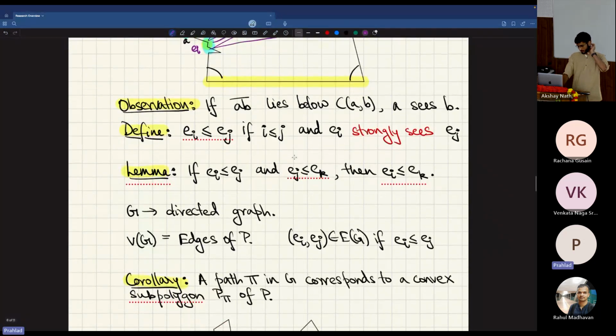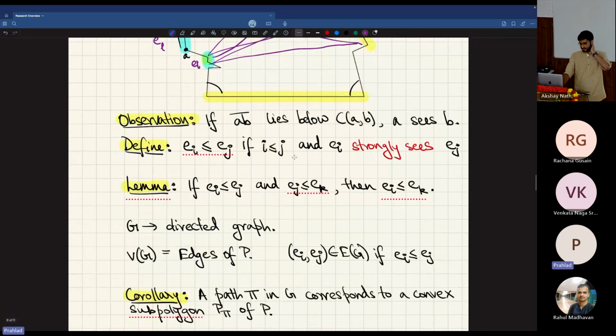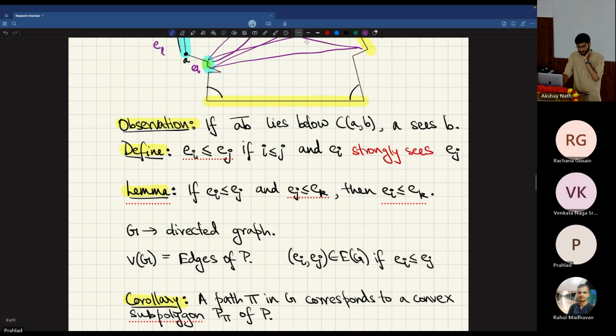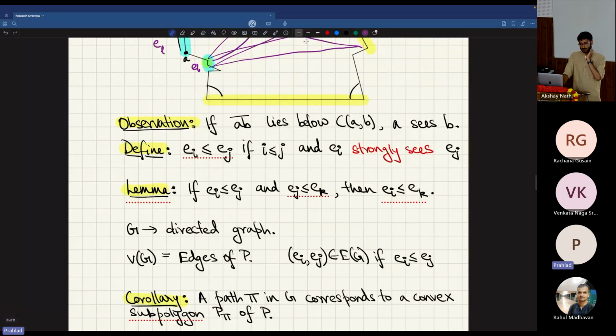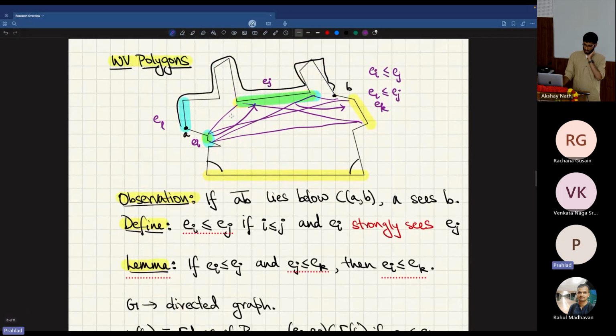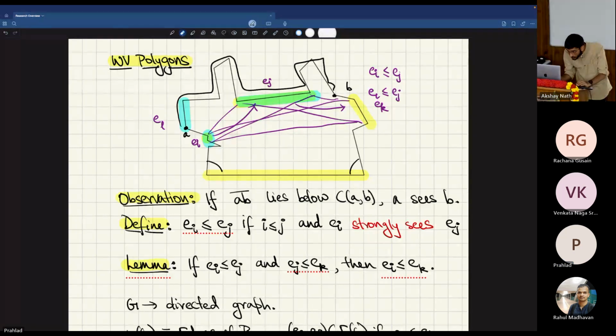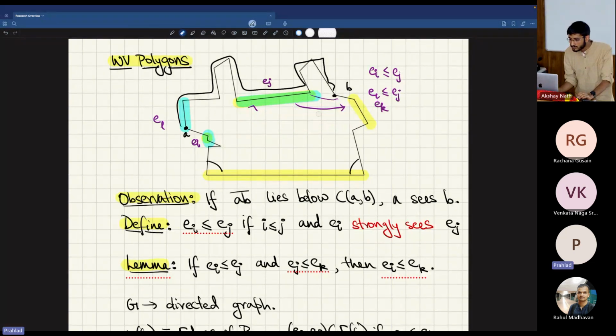Okay, so the corollary is the following: if you have a path in the graph, then you have a convex subpolygon of P, right? Which is exactly what I said here. So let me erase all of these so that we have some space.